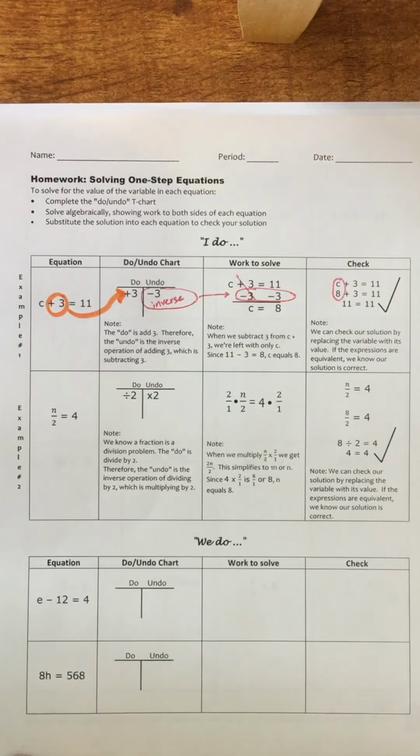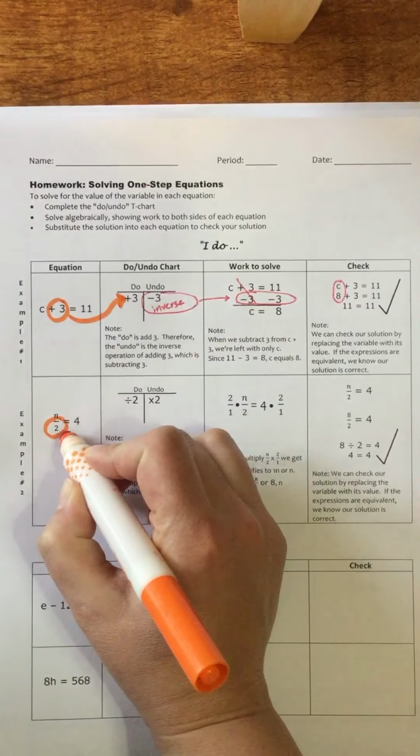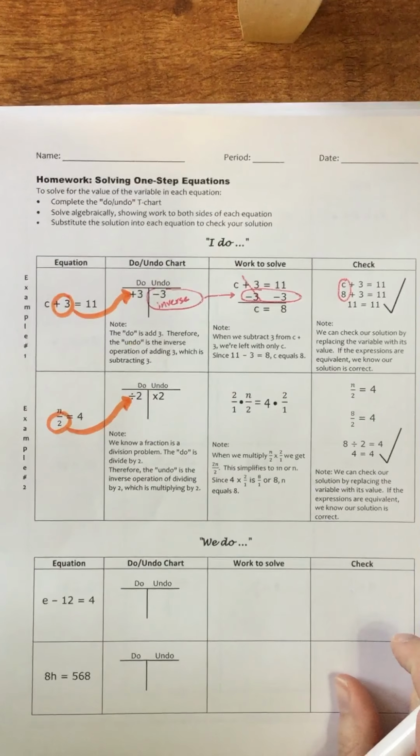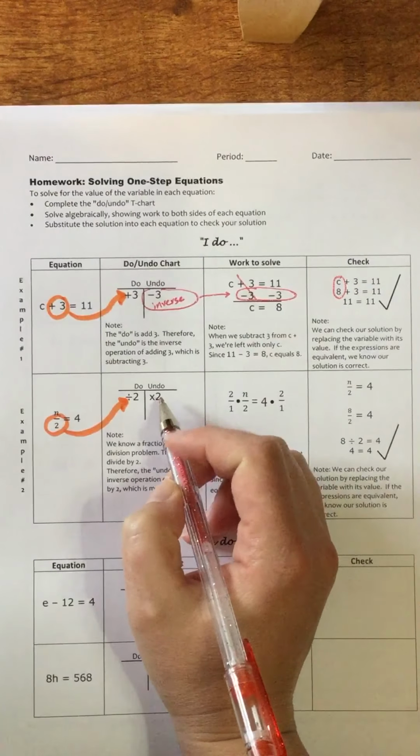And one of the first math lessons we covered in the school year was that fractions can also be division. What is being done to the variable, the n, is it's being divided by 2. To undo that, the inverse would need to occur, which is multiplying by 2.